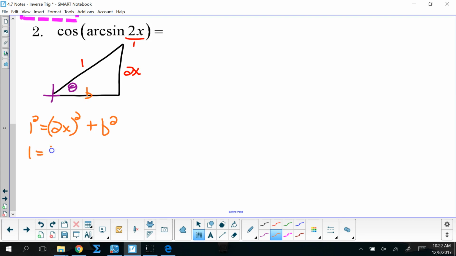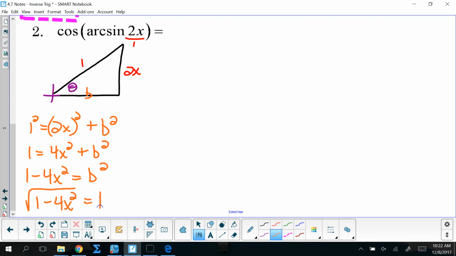1 equals 4x squared there plus b squared. Subtract 4x squared, square root. So this really here is the cosine of theta.